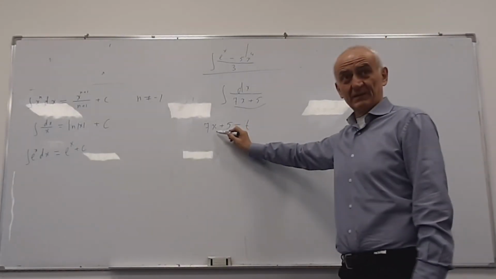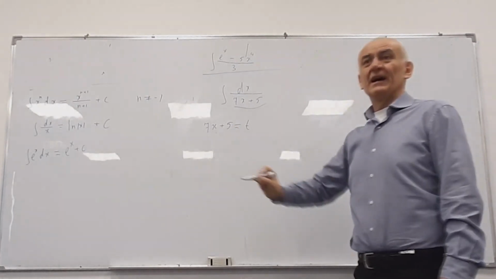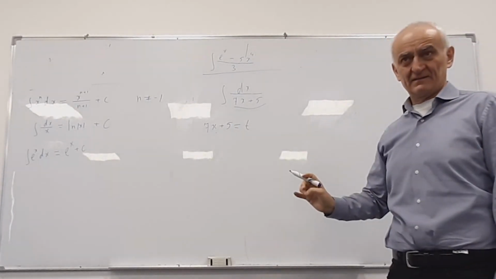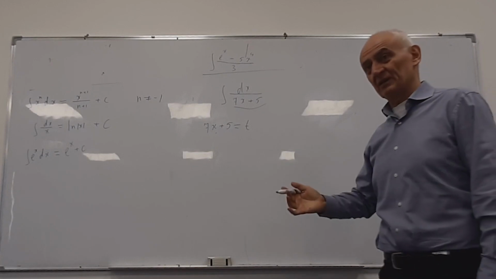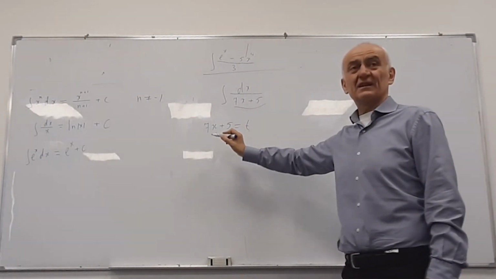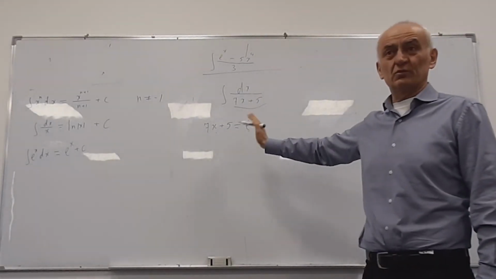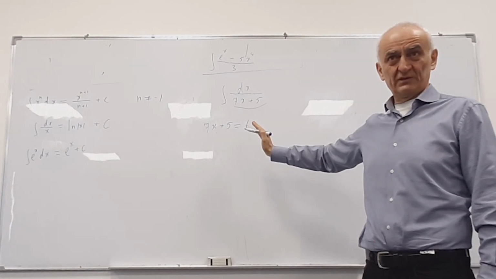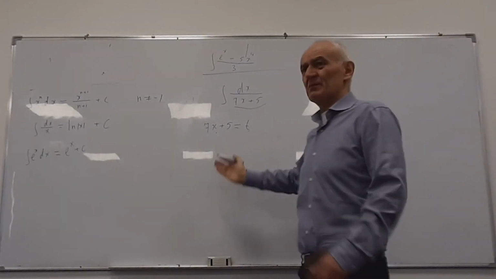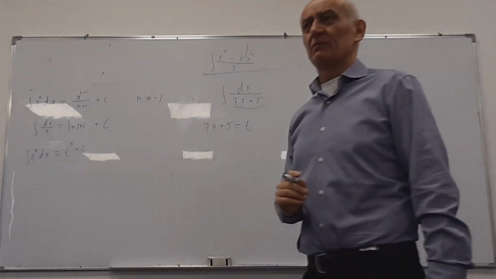First way, to solve for x, and then find dx. And second way, to find dt from here, and then find dx. In this case, both work good. So we can use both ways. So what way would you like to use?